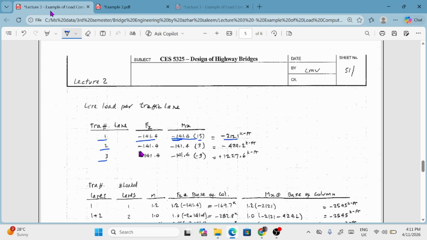From the second lane, the load is 141.4 at an eccentricity of 3 feet, so the moment from lane 2 is 424.2 kip-feet. The load from lane 3 is 141.4, and it produces moment at an eccentricity of 9 feet, so it is 1272.6 kip-feet.